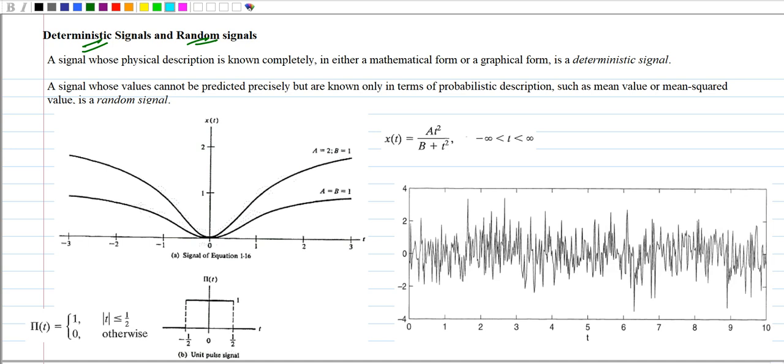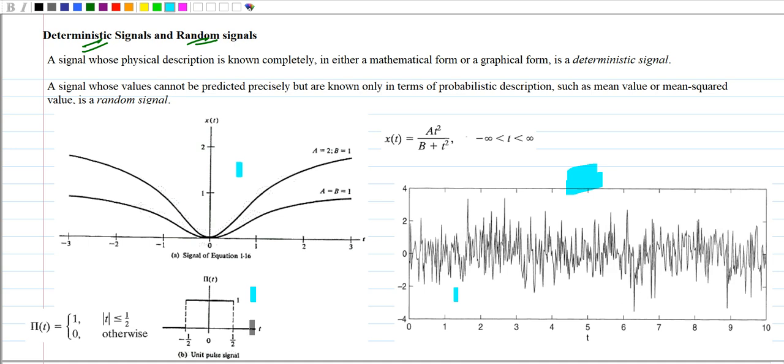I have presented three graphs here. These two signals are deterministic, whereas this signal is a random signal. You can look at the pattern over here. This pattern is completely random, and we can't define a prescribed mathematical equation for it, so we classify this as a random signal.